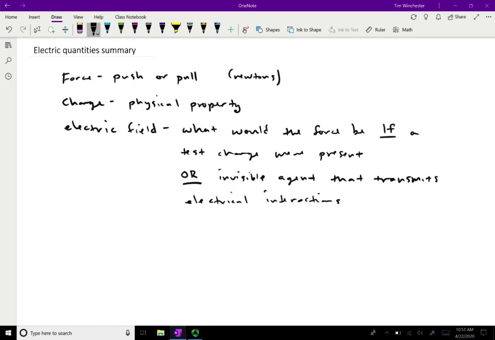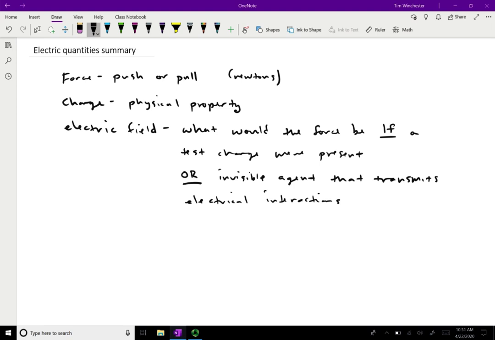So we sort of imagine that an electron is carrying this infinite structure around with it, and when an electron pushes on some other charged object, it's because that structure has reached out to that point, and there's either an attraction or a repulsion in response to it.